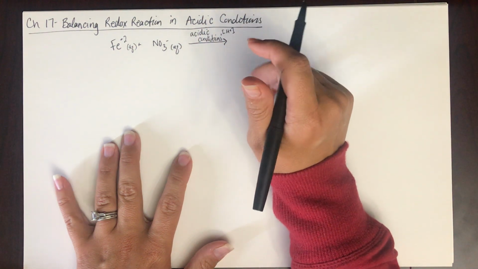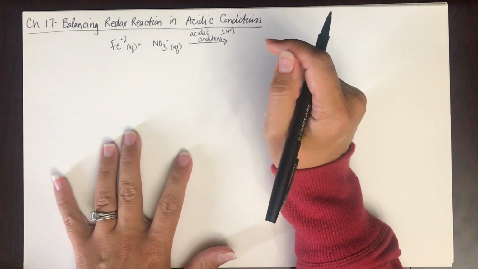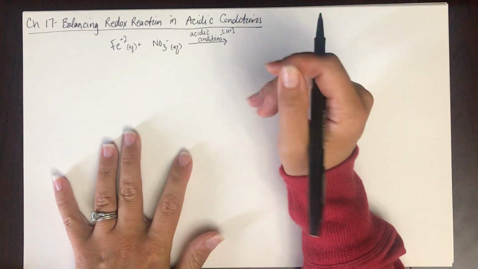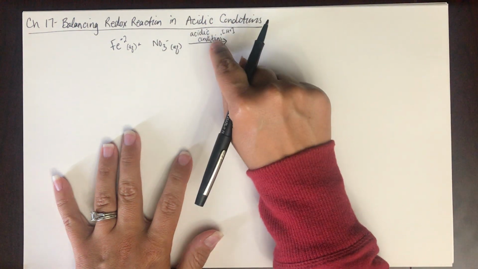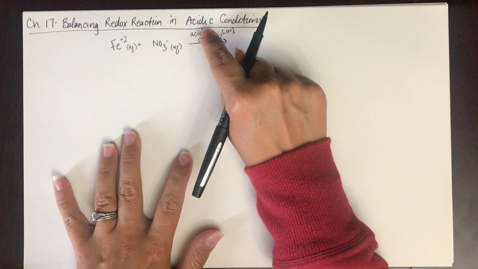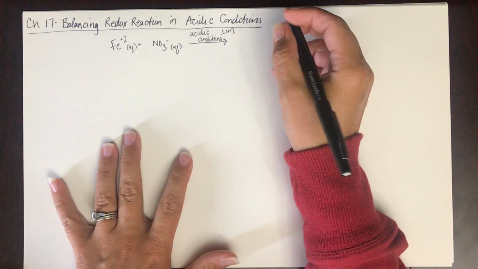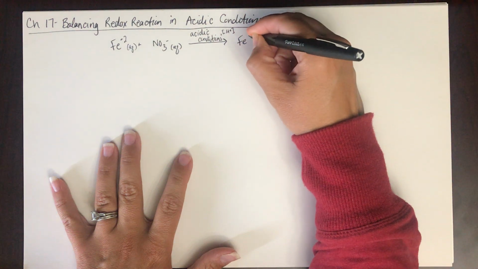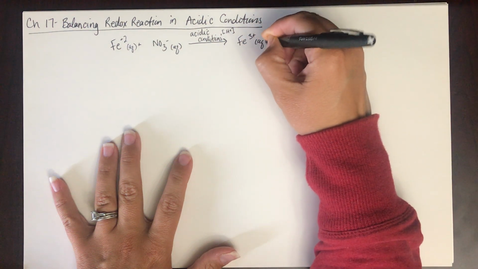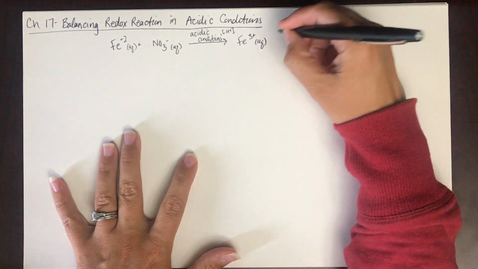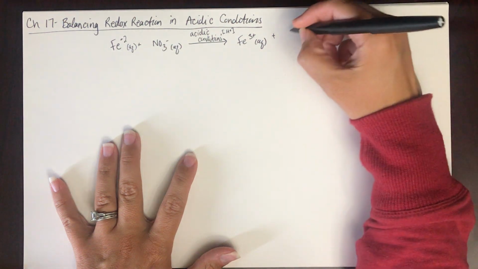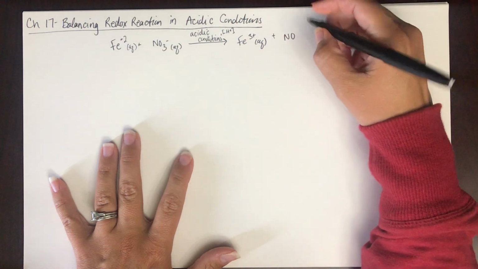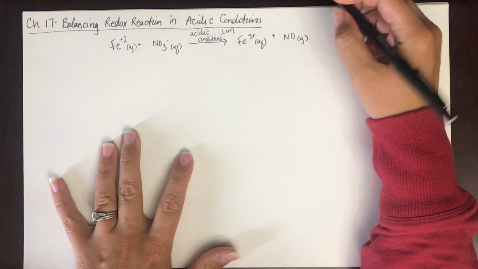So there will be some indication that this reaction is happening in acidic conditions. And it's going to produce iron 3 ions and a nitrogen monoxide gas.